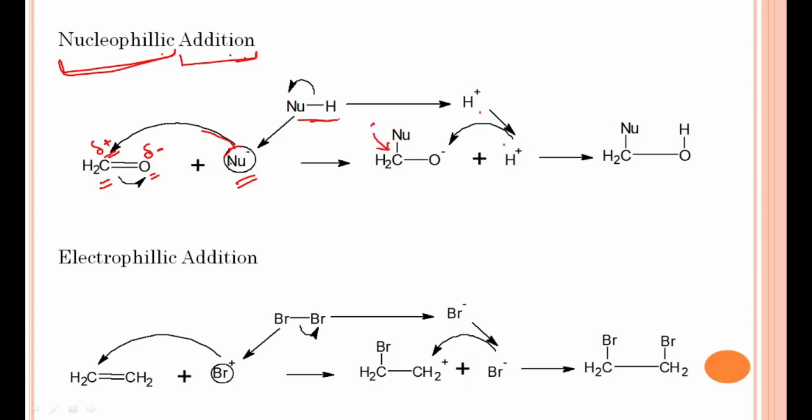And this hydrogen which has been generated is attacking this oxygen due to its positive charge. So the nucleophile is attached with the carbon atom and the hydrogen has attached with this oxygen atom.